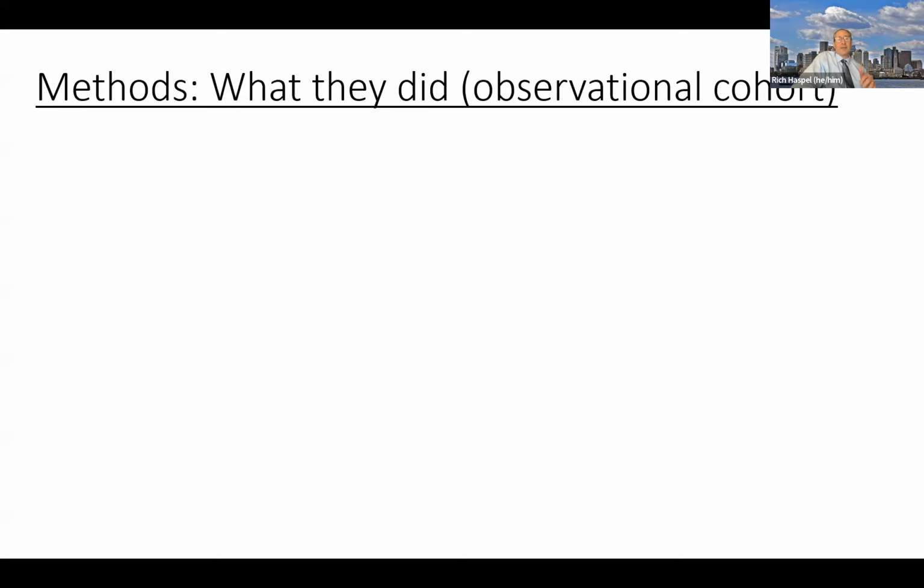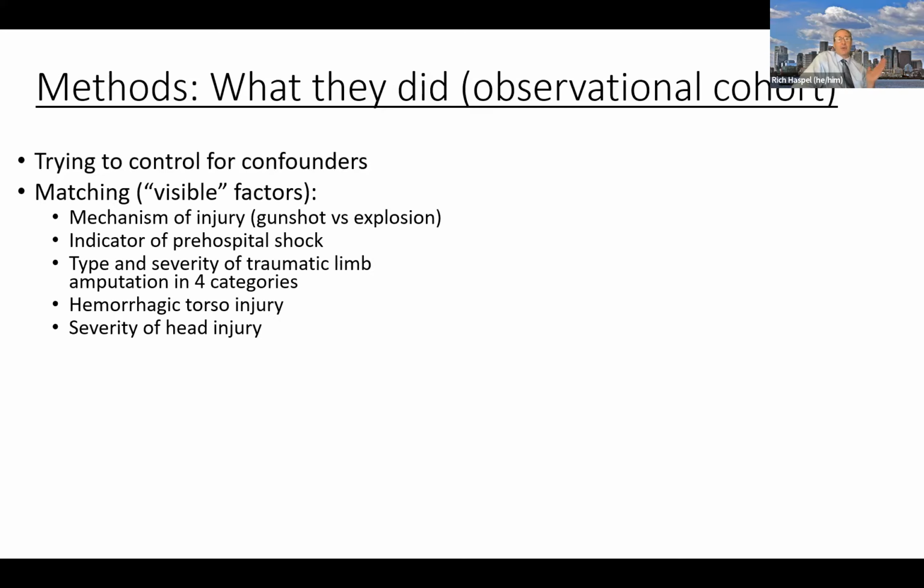Okay. So what they did, it's an observational study, so they need to control for confounders. So there was a bunch of confounders. They called these visible factors, the mechanism of injury, did they have shock, stuff like that. And then I mentioned multivariable analysis, but you can try to match people as well.